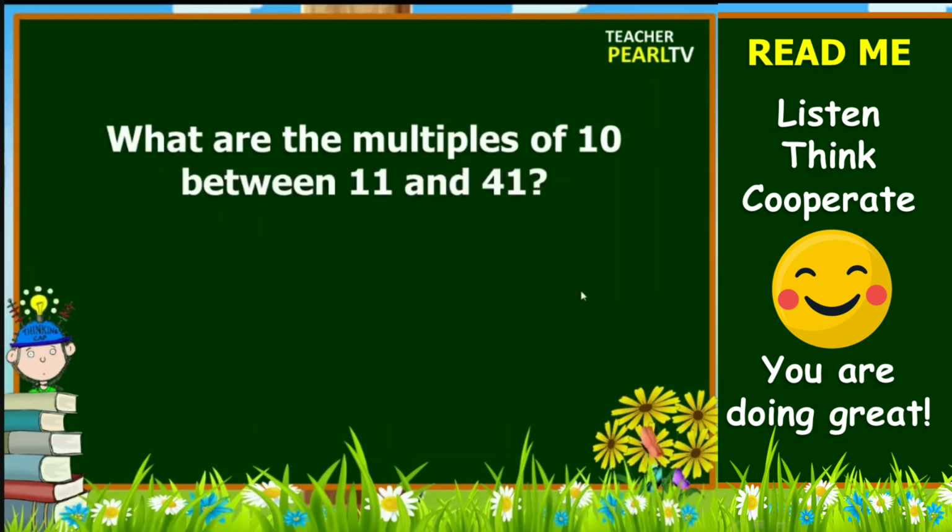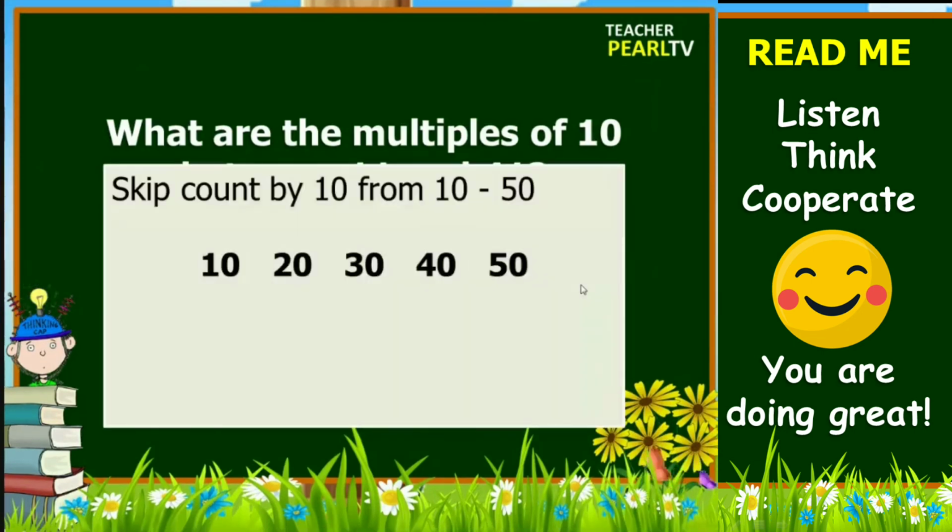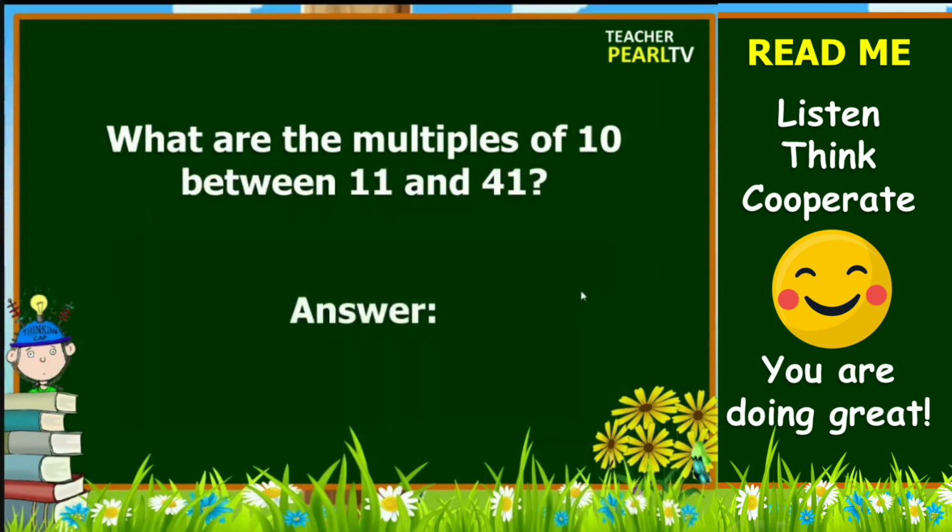Going back to the problem, it says here that between 11 and 41 only. So, we are not going to include 10 and 50. So, for this, the answers are 20, 30, and 40. Did you understand our lesson?